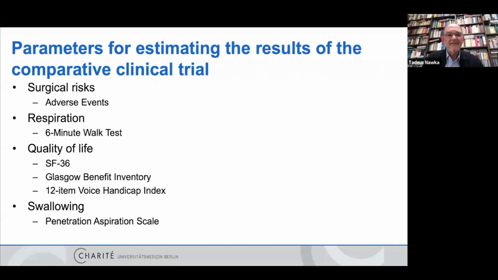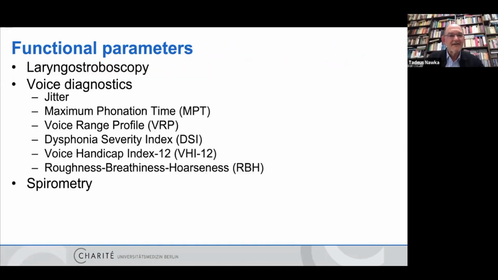So if you want to evaluate this, then you need some parameters, you need some outcome measures, like you see here 6-minute walk test, which shows you something about the respiration. You need something about the quality of life and about swallowing, which plays a role always in paralyzed larynx.